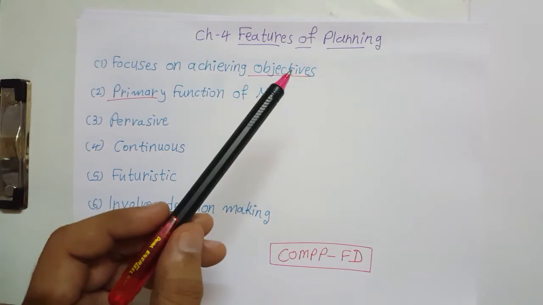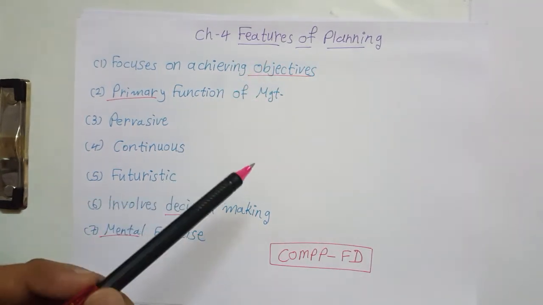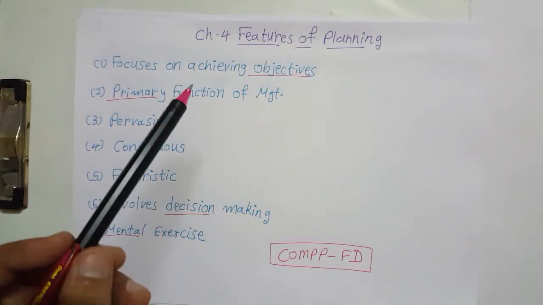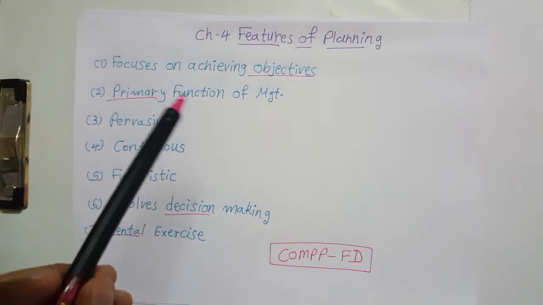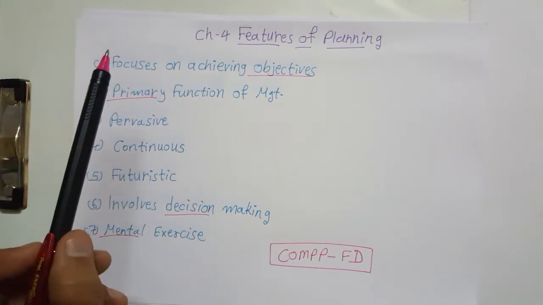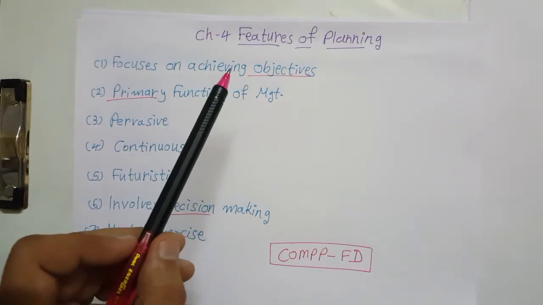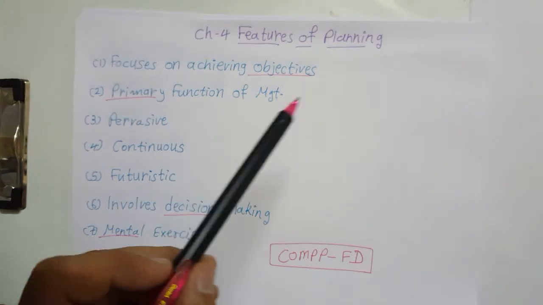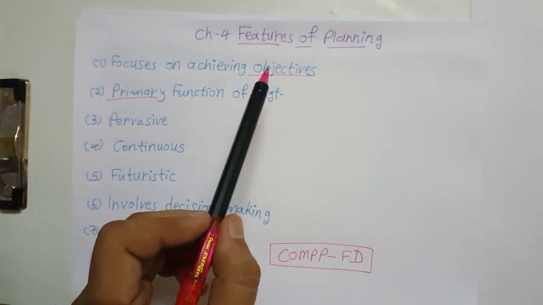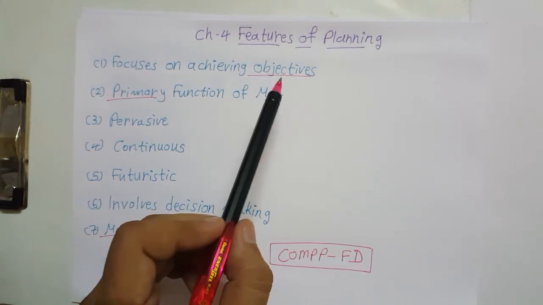Planning has some characteristics, some features. Let's try to understand them one after another. The first one is planning focusing on achieving objectives. As we know, it is related with objectives. We are already deciding the objectives in the planning stage only.